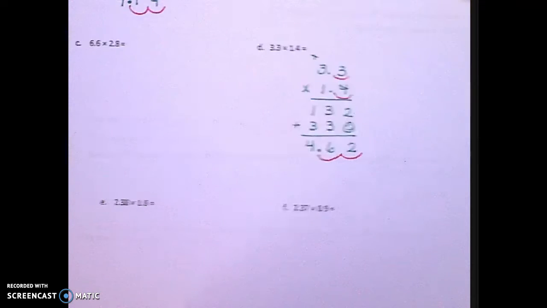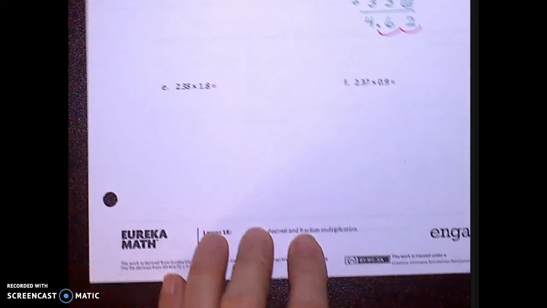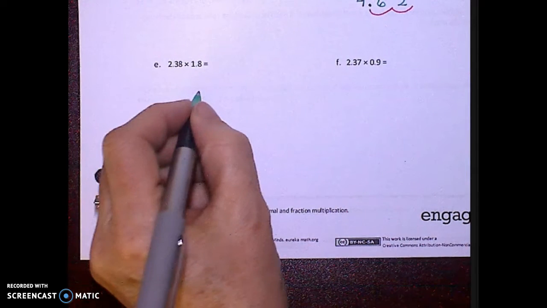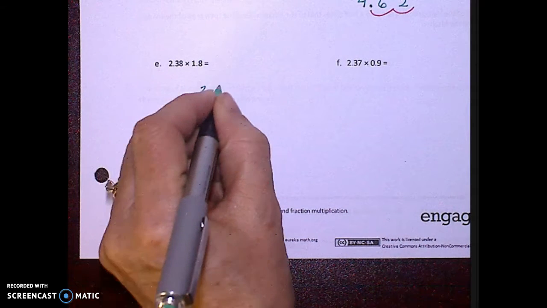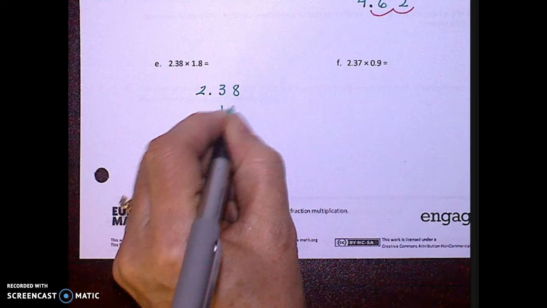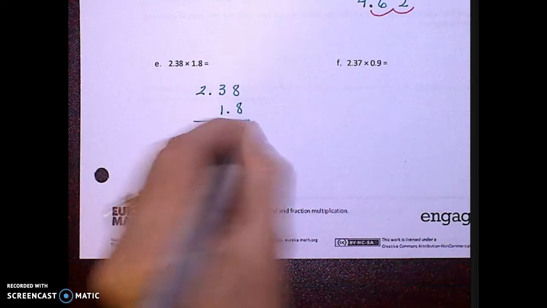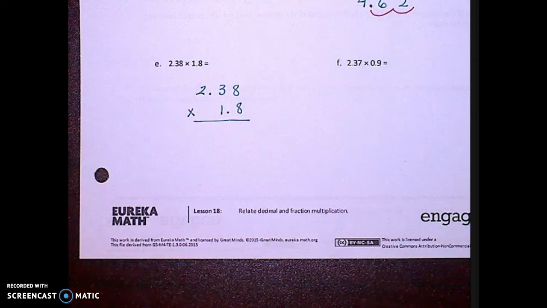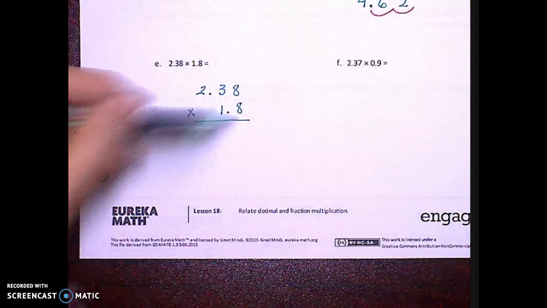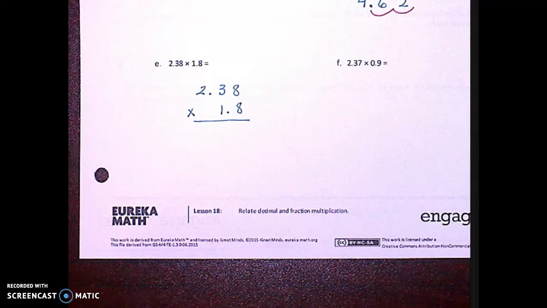Okay, let's come down and look at question E. 2 and 38 hundredths times 1 8/10. This question really helps you see that you're not lining up the decimals, you're lining up the digits on the right. Okay, who knows what 8 times 8 is?